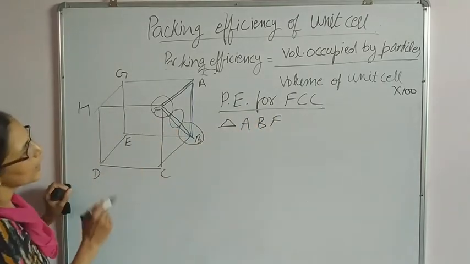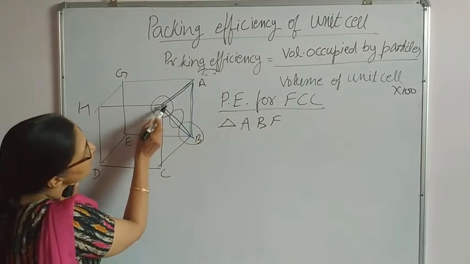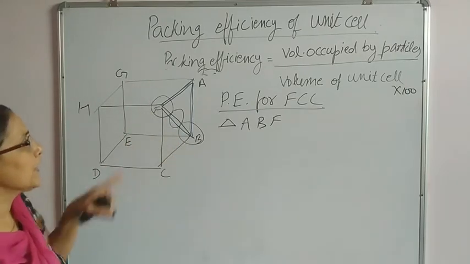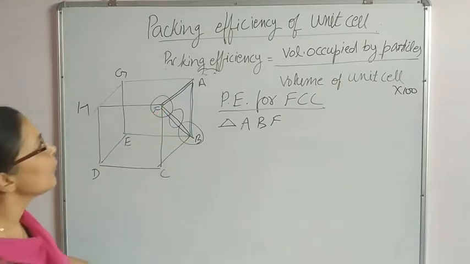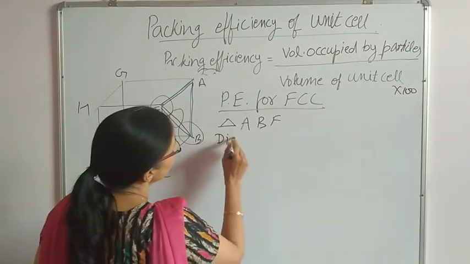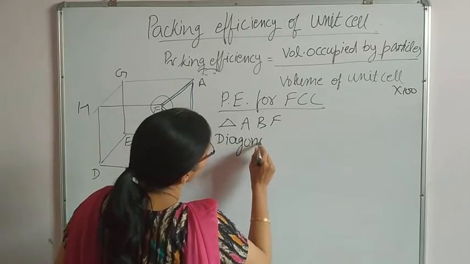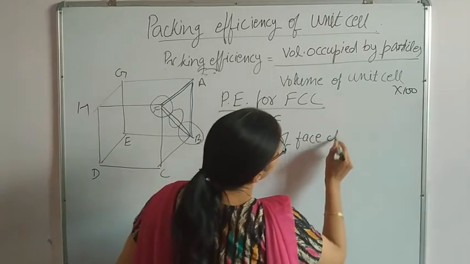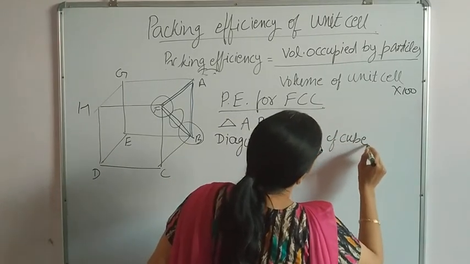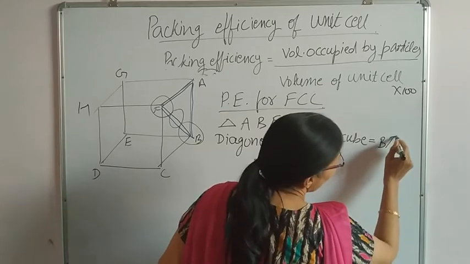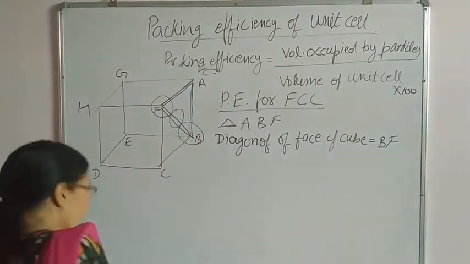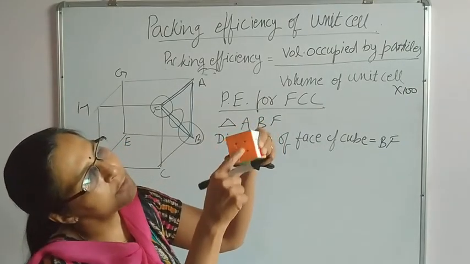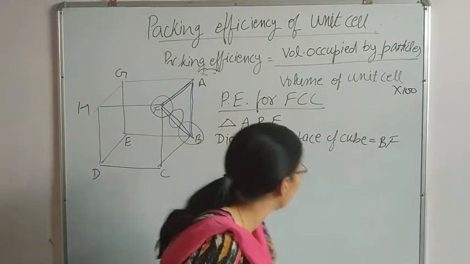In triangle ABF, you are observing that this one sphere, two spheres and the third sphere are in contact, and that is the diagonal of the face of the cube. Suppose this is the cube, then we are taking this diagonal. Definitely this diagonal is BF.